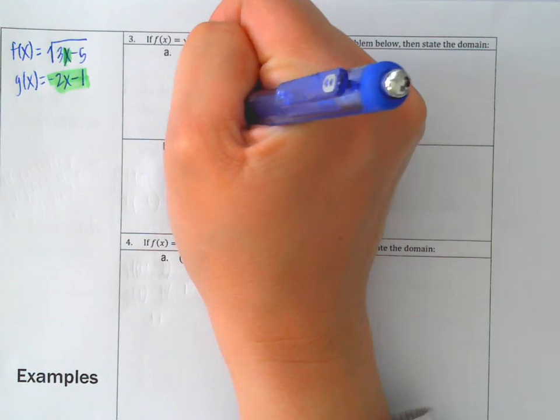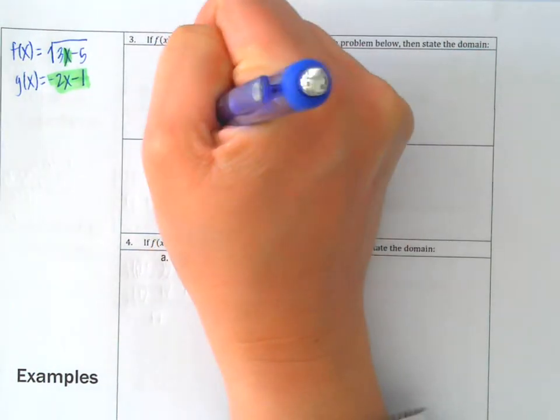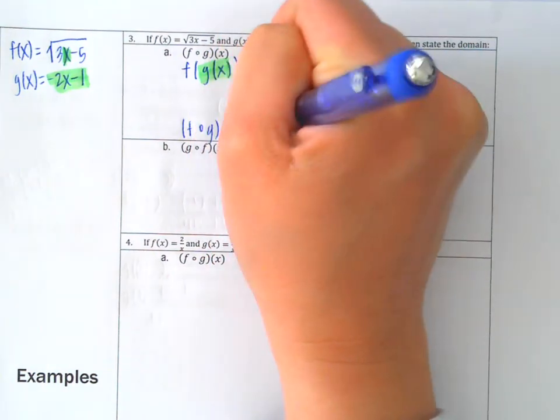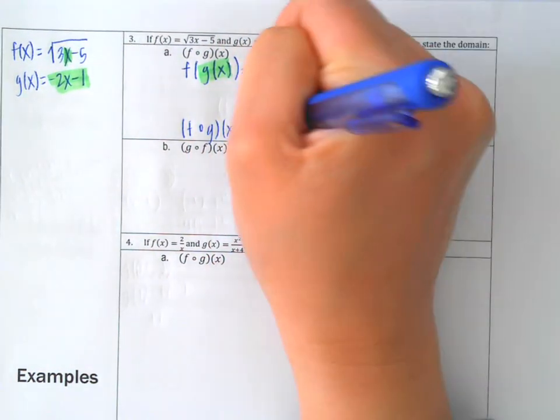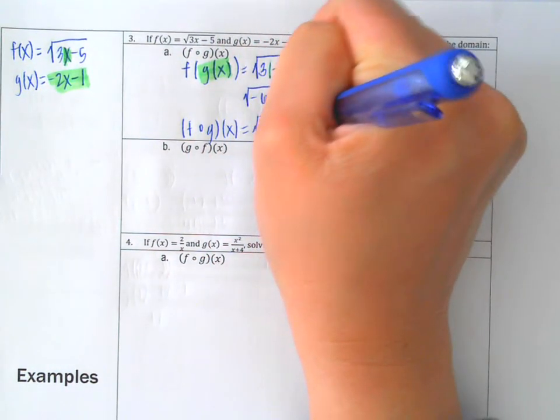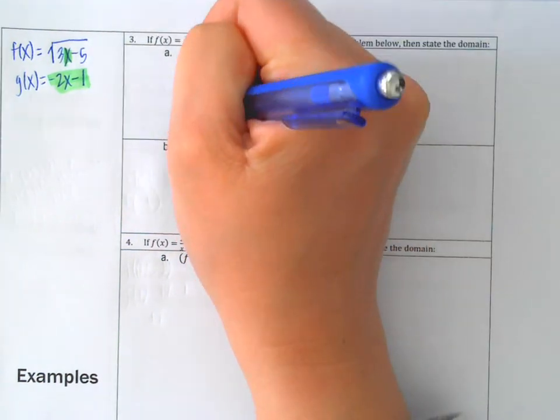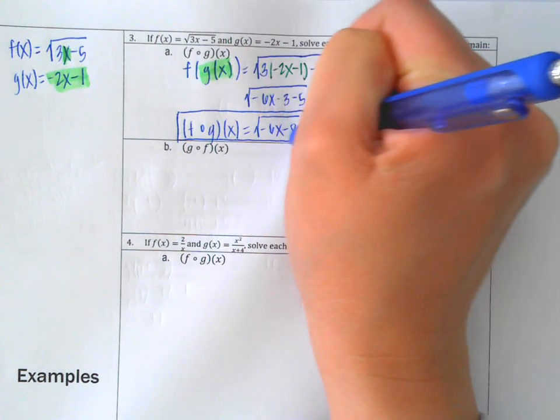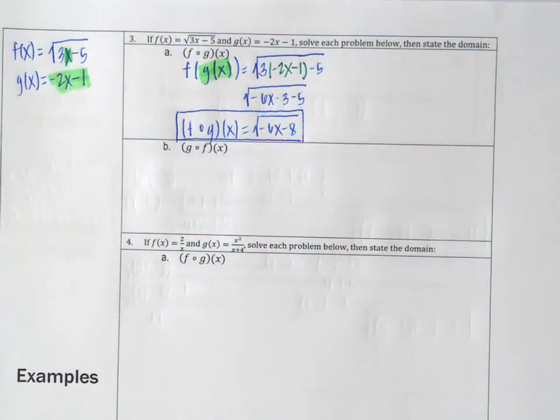So I have my final answer: f of g of x is equal to the square root of negative 6x minus 8. And that is it.